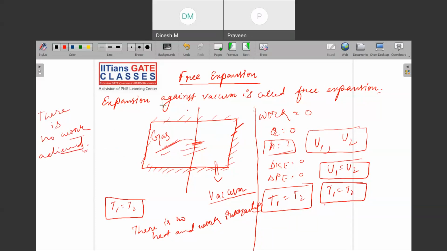But one very interesting phenomenon is that molecules were at this position and then they occupied this new position. You can see that the temperature initial is equal to final. But can you say that this process is isothermal? The answer is no. This process is not isothermal.